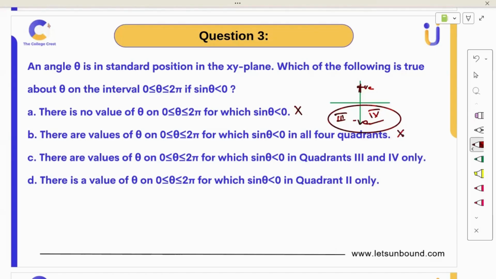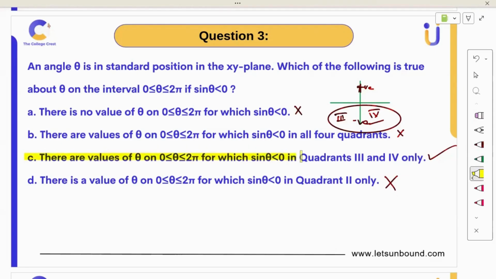So this is also not correct. C part. There are values of theta for which sine theta is less than 0 in quadrants 3 and 4 only. Yeah, I already did. And we are sure it's 3 and 4 only. So this is correct. But let's check the other option also. There is a value of theta for which sine theta is less than 0 in quadrant 2 only. Quadrant 2 is absolutely positive. So it's not. So it's option C.